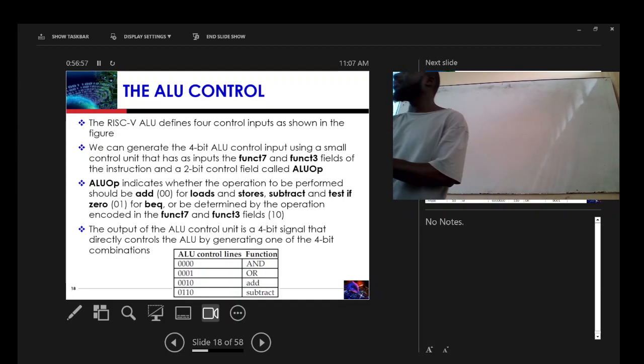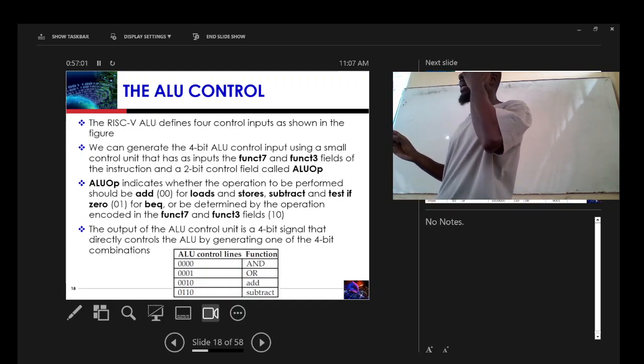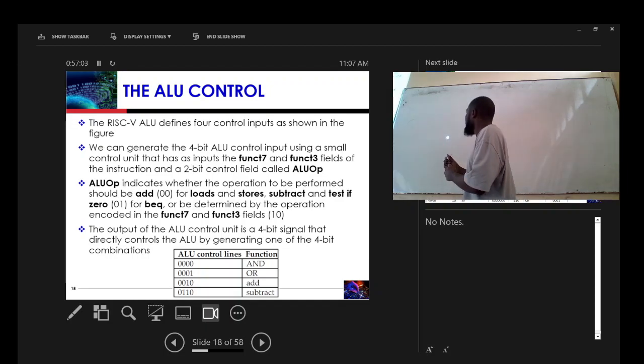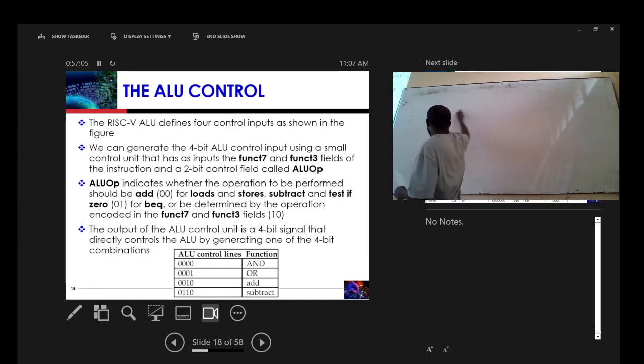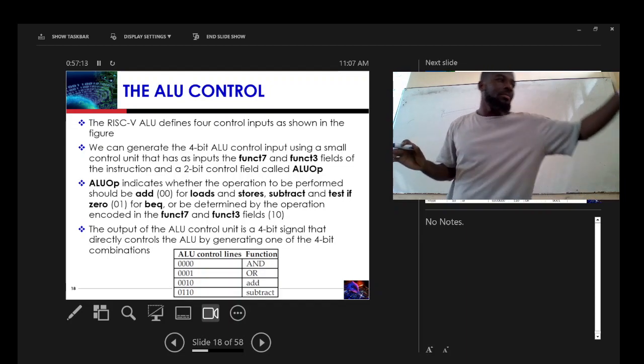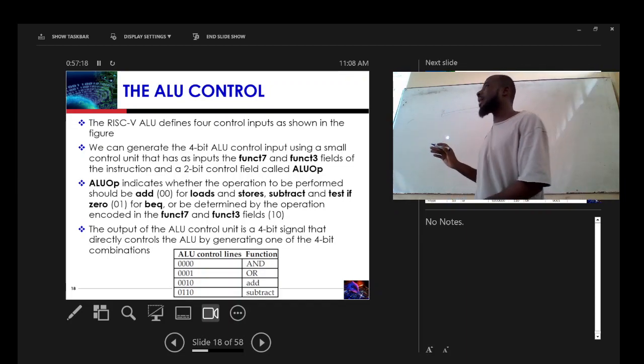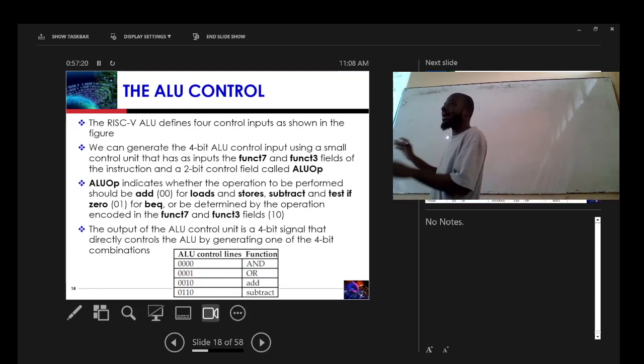So now we know that our instruction format is from 0 to what? 31. And once you go through your instructions, we know that to perform an operation, we need the opcode.